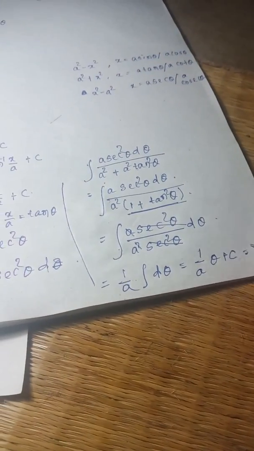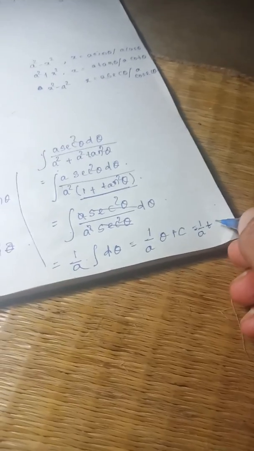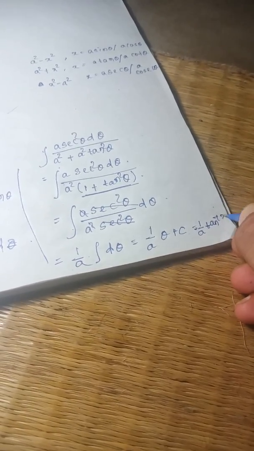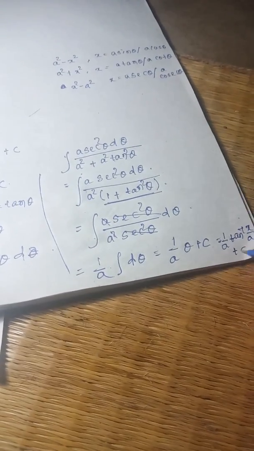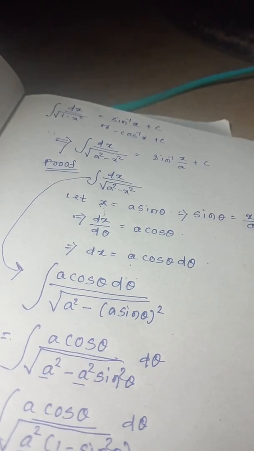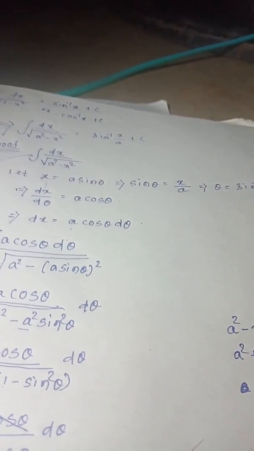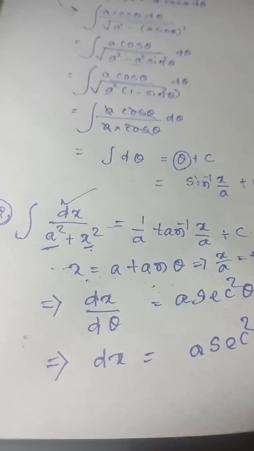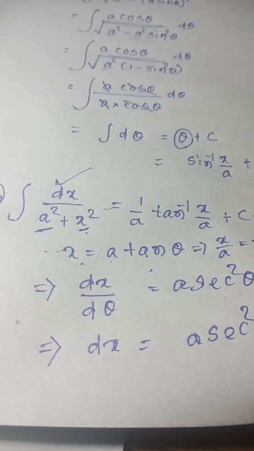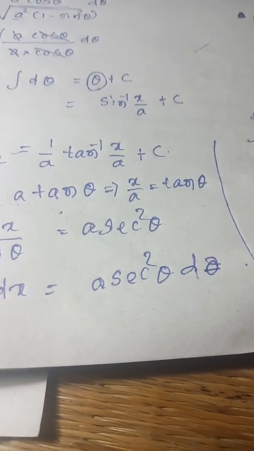So here instead of writing theta, I can write 1 by a tan inverse x by a plus c. So both theorems, that is integration of dx divided by root over of a square minus x square is equal to sin inverse x by a plus c, and the second formula, that is integration of dx by a square plus x square is equal to 1 by a tan inverse x by a plus c, are proved.